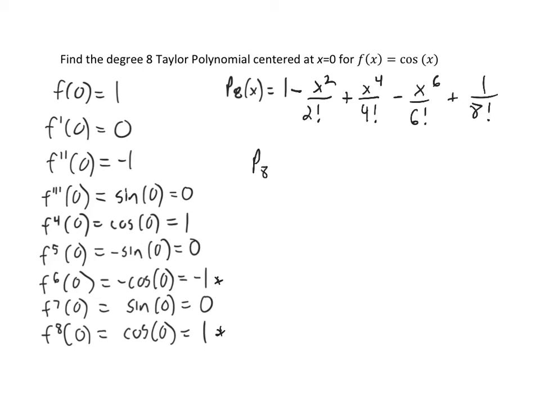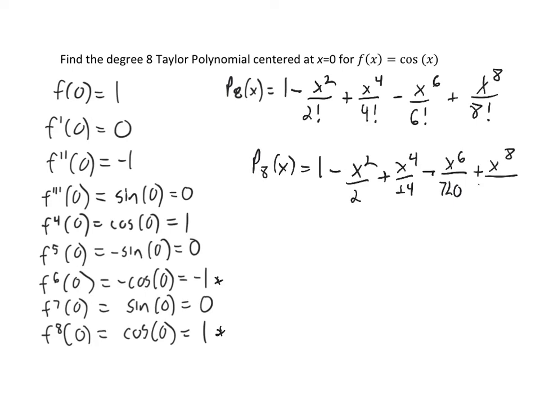And if we multiplied all those out, we'll get 1 minus x squared over 2 plus x to the fourth over 24 minus x to the sixth over 720 plus x to the eighth over 40,320. That would be the Taylor polynomial of degree 8 for cosine of x.